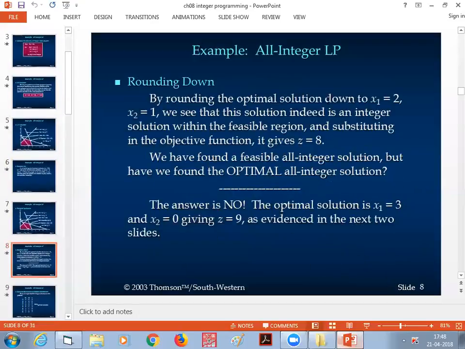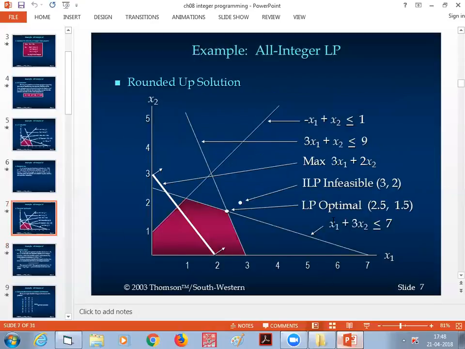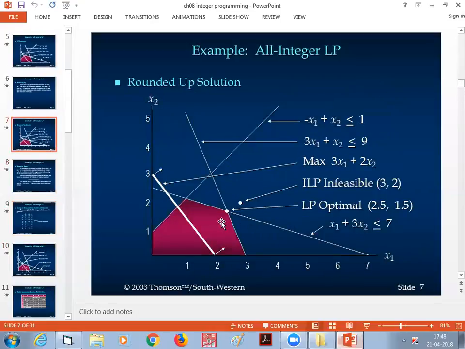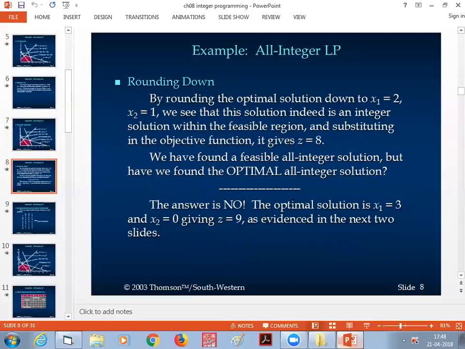Well, you can round down, but that becomes actually lower. That comes to somewhere here, which is far inside the feasible region, so this probably is not the right solution either. The optimal solution is 3, 0, as it turns out.